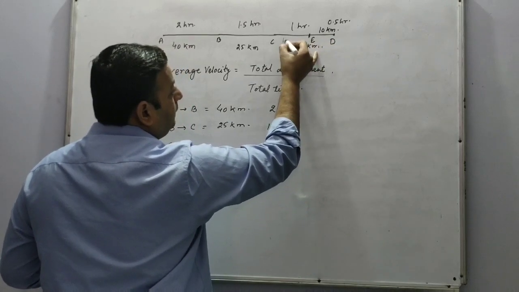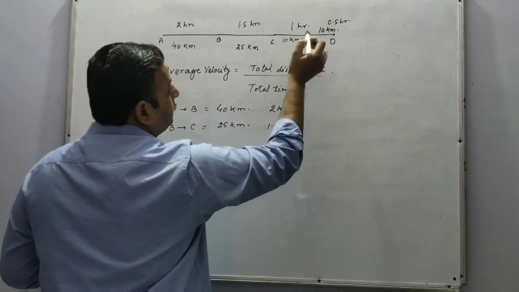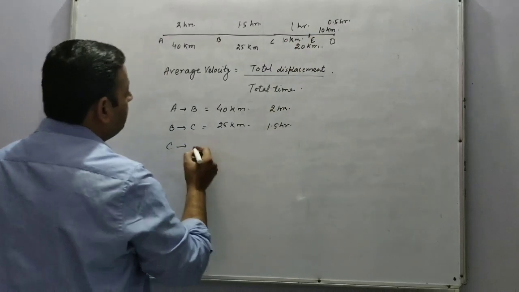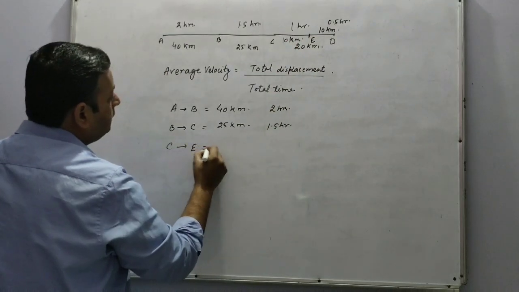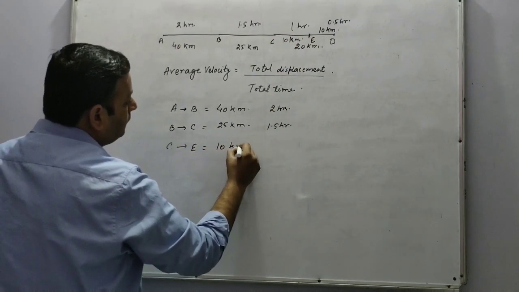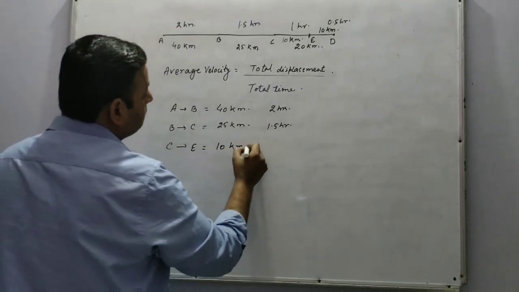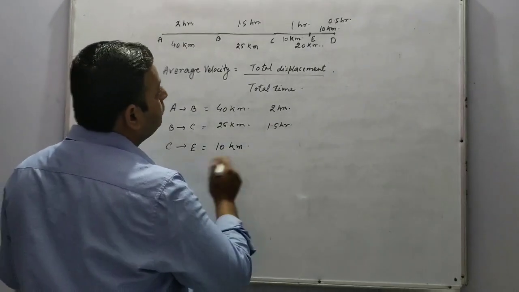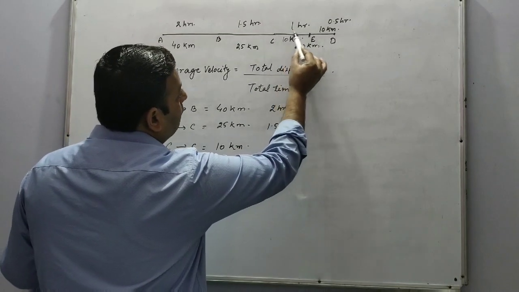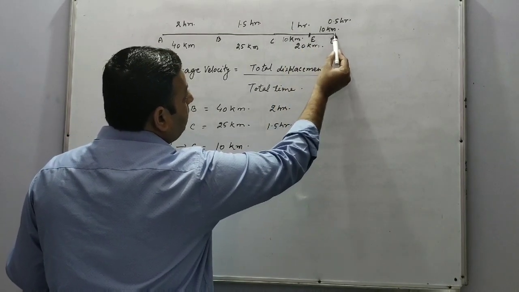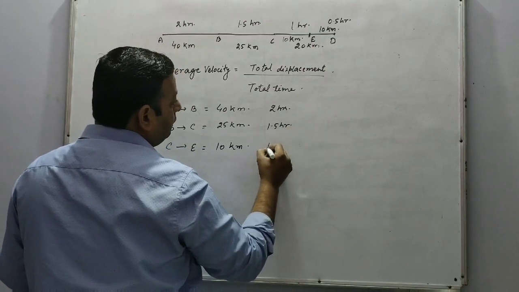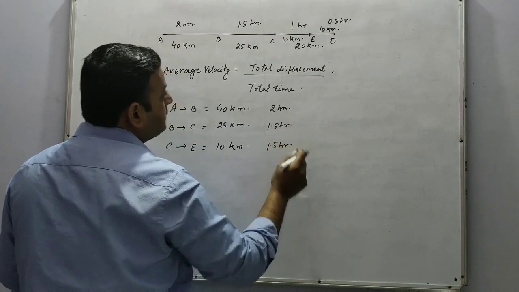So this distance will be 10 kilometers. C to E is equal to 10 kilometers. And total time from C to E, 1 hour from C to D and 0.5 hour from D to E. So total time 1.5 hours.